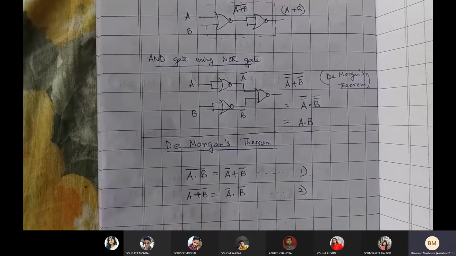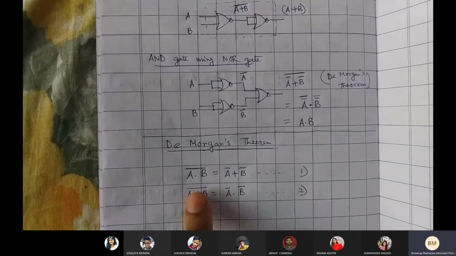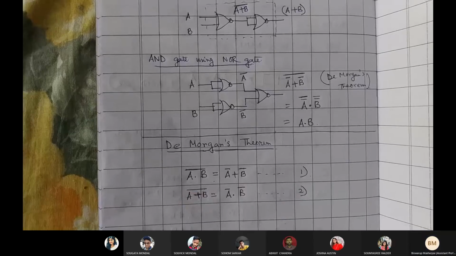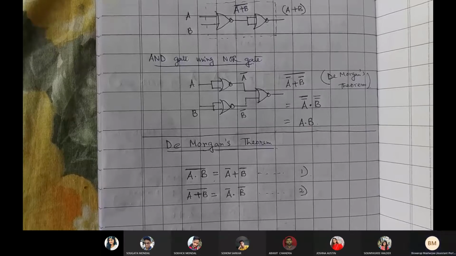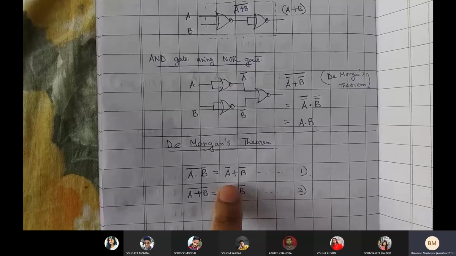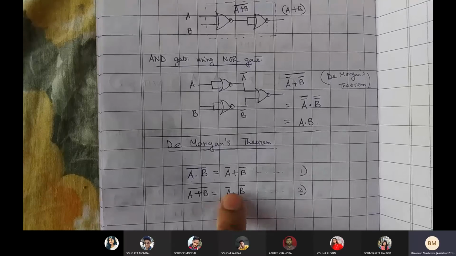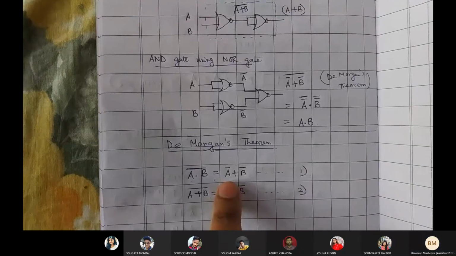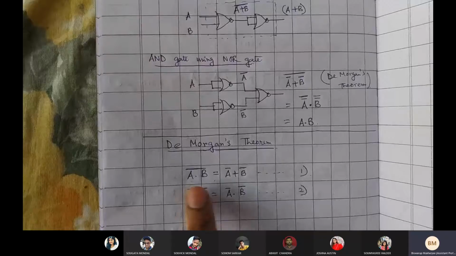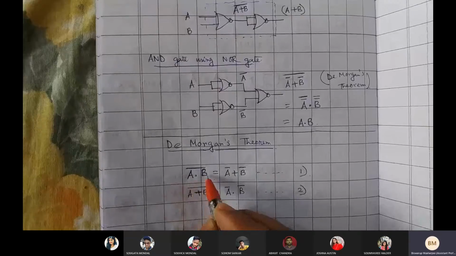So what does it mean? The first statement, as you can see from the expression, says that the complement of the AND operation between two variables can be found as the OR function between the individual complementary variables. Here you can see two variables: A is a variable, B is another variable.